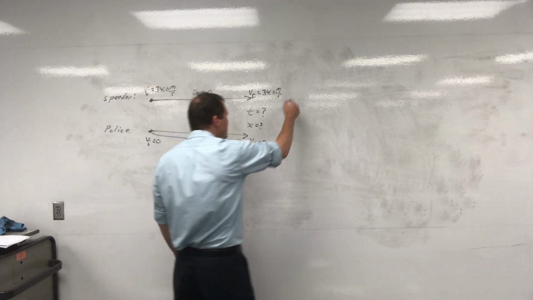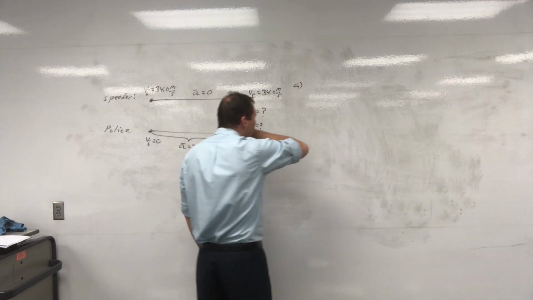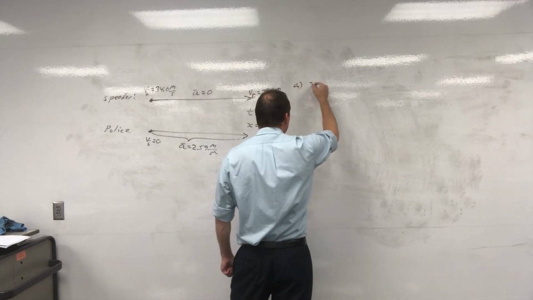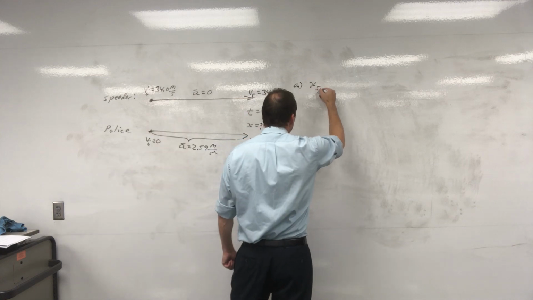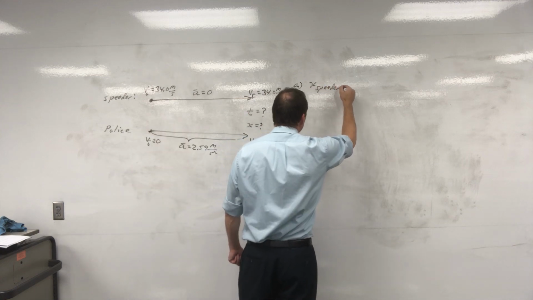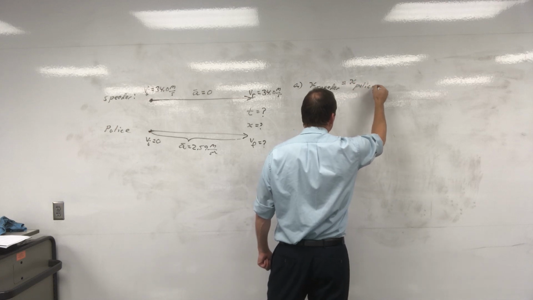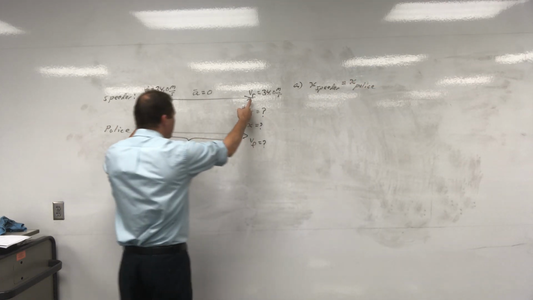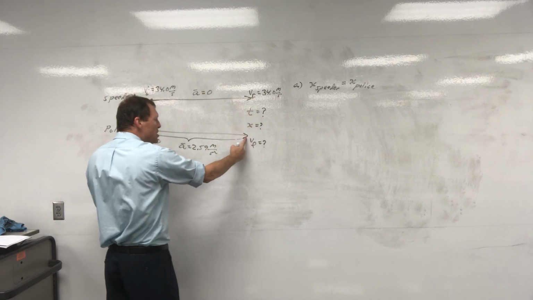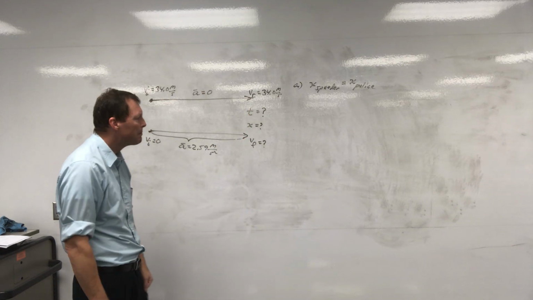So what I'm going to do is this. This is going to be part A, and I'm going to say the displacement of the speeder is equal to the displacement of the police car. These two displacements are going to be the same.